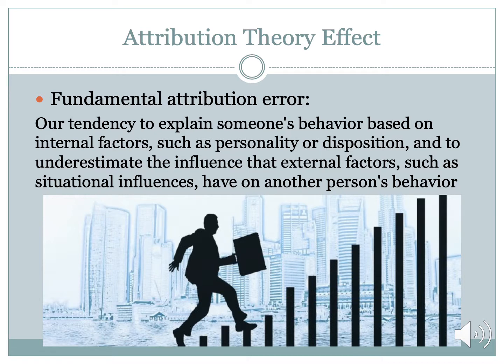One common bias people exhibit in attribution is called the fundamental attribution error. The fundamental attribution error is our tendency to explain someone's behavior based on internal factors, such as personality or disposition, and to underestimate the influence that external factors, such as situation influences, have on another person's behavior.